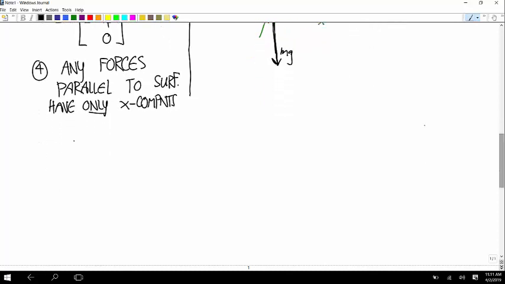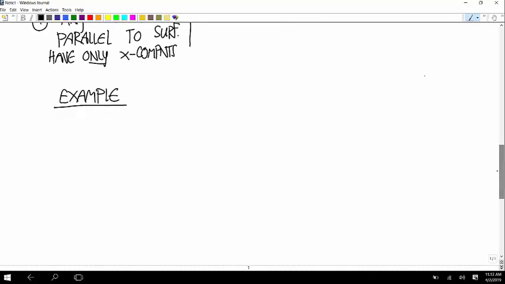All right, so let me do an example. Okay, so let's say that there's an incline that makes an angle of 30 degrees with the horizontal, and there's a cart on the incline.